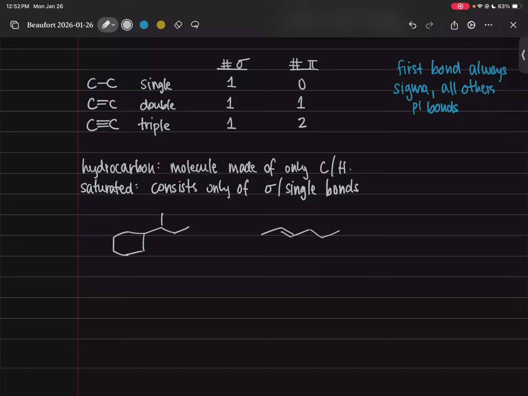Okay, so first molecule, is that a hydrocarbon? Yes or no? Yeah, first one is a hydrocarbon because it's only got carbon and hydrogen. The nice thing about that is it's super easy to see instantly as you look at the structure. No oxygen, no letters of any kind. So it's a hydrocarbon. Okay. Is it saturated?